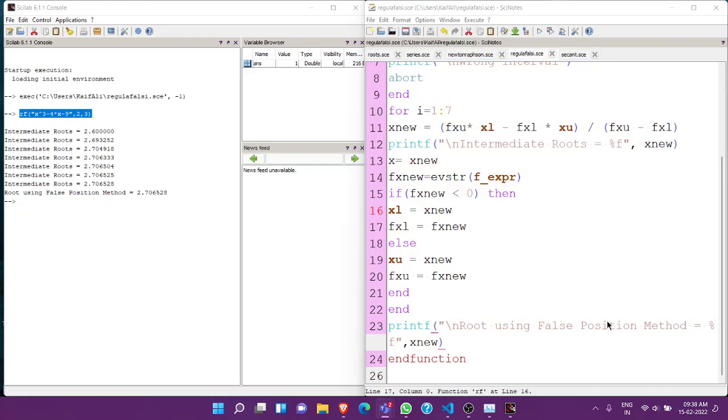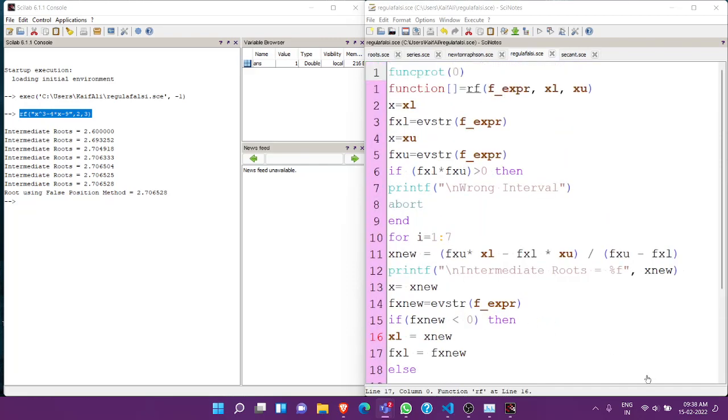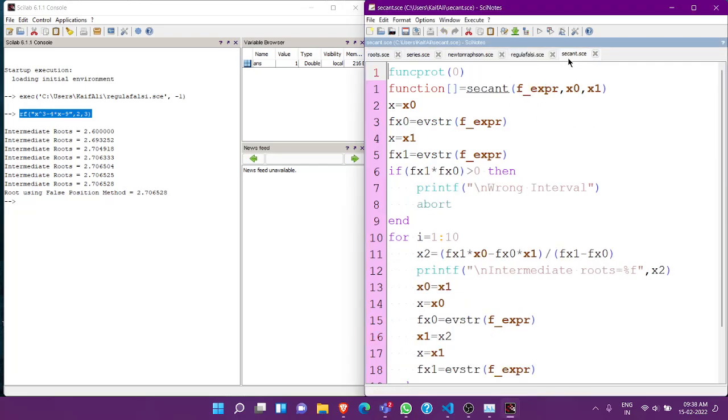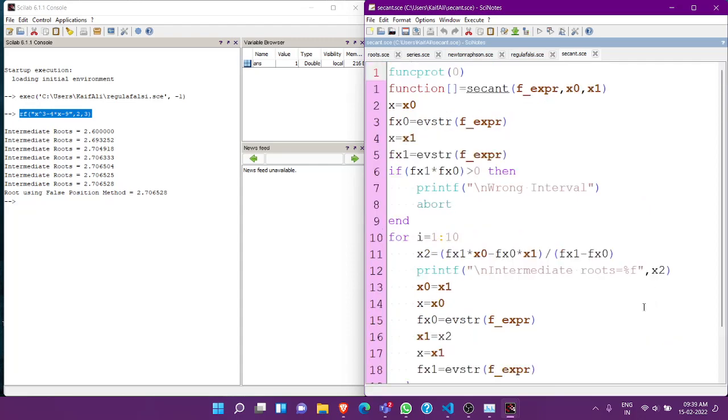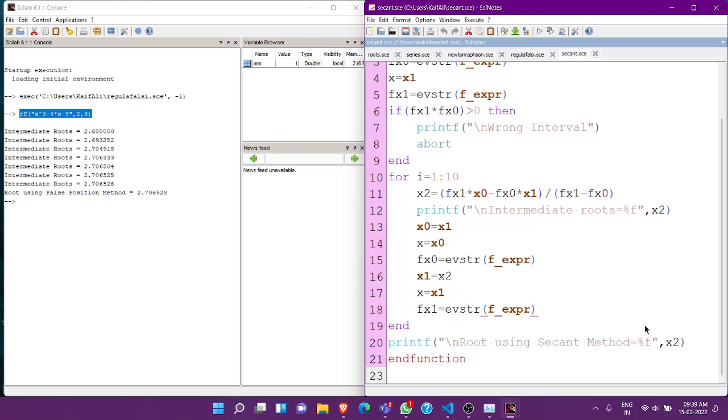Excel, XU, FXU. Okay, fine. Fine. Next program. X2, X0, X1, X is equal to X0, Fx0. X1 is equal to X2, X is equal to X1, Fx1. Okay, come down. Okay, fine.